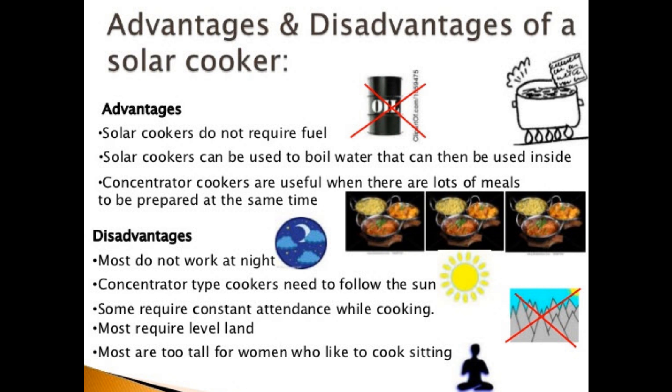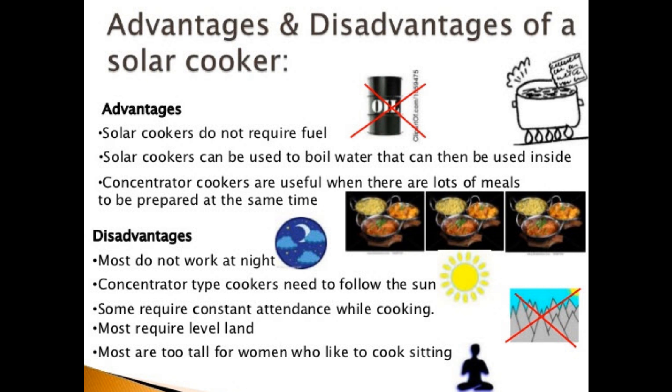It also saves time, and is useful when an individual has to make a lot of meals, for example, when you have a lot of guests coming to your home to eat a meal. In that case, you can cook your dal or rice in the cook pot in the solar cooker, children. But on the other hand, there are disadvantages also.